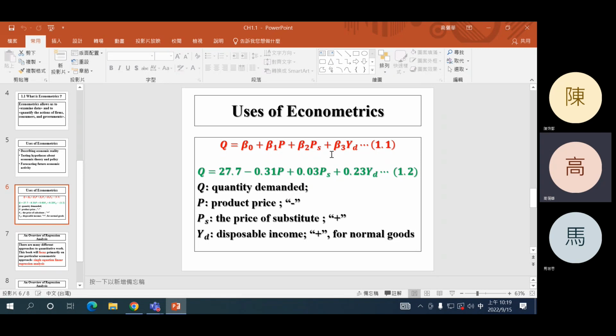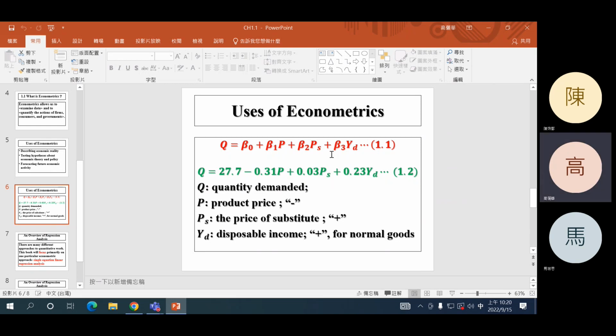This is called demand, so this is the demand function. The demand function has three important effects. This is called the price effect, this is called the substitution effect, and this is called the income effect. This is already in economic theory.